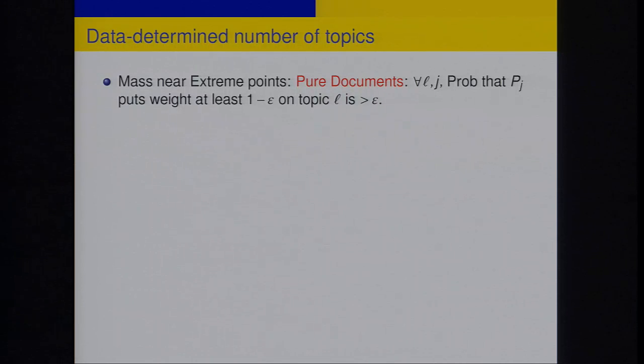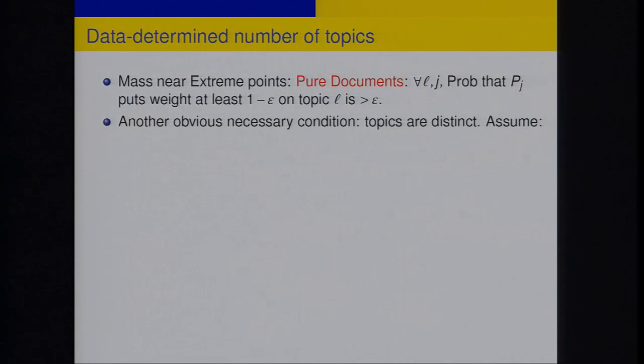For every topic L, and for every document, where Pj is the point inside the polytope, a convex combination of topics, the probability that Pj puts weight at least 1 minus epsilon on topic L is at least epsilon. What this is saying is that the document is almost purely on topic L, but for an epsilon exception, and only with small probability. I have to guarantee there's probability mass near the vertices. The vertices are just pure topics, and I have at least epsilon mass near each of the vertices. That's what this is saying.